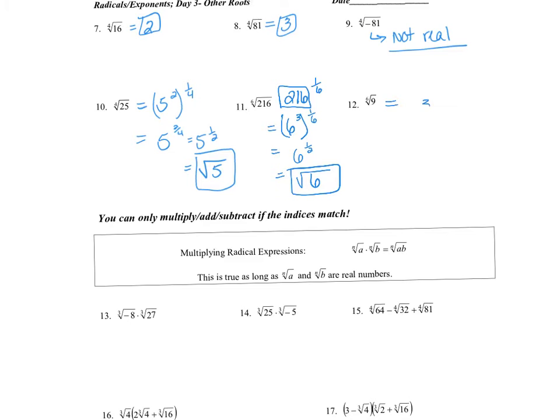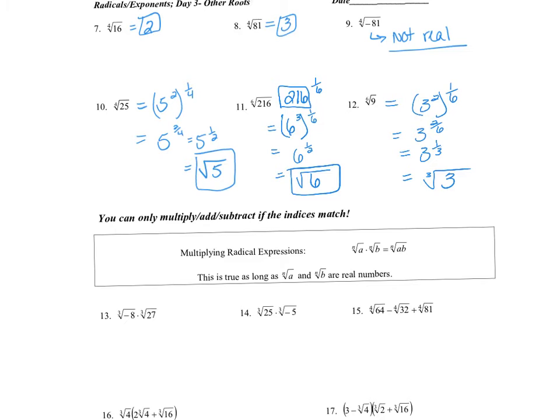So I can rewrite it as 3 squared. This is raised to the 1/6. So 3 to the 2/6 is actually 3 to the 1/3. And I rewrite that in radical form as the cubic root of 3.